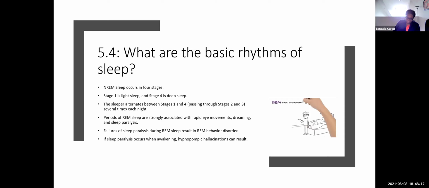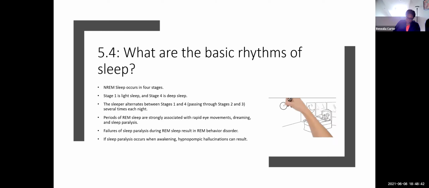REM, or rapid eye movement sleep, is characterized by dreaming and is the state in which restoration of our brain and body functions occurs, including energy conservation and memory consolidation. We cycle through stages 1, 2, 3, and REM throughout the night. Each cycle takes approximately 90 minutes and repeats throughout the night.